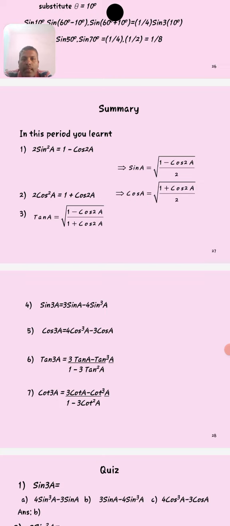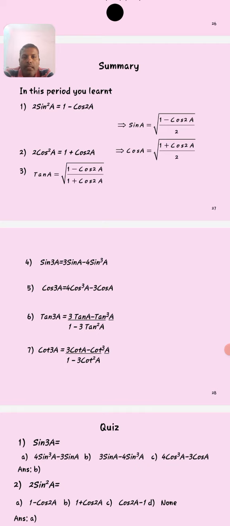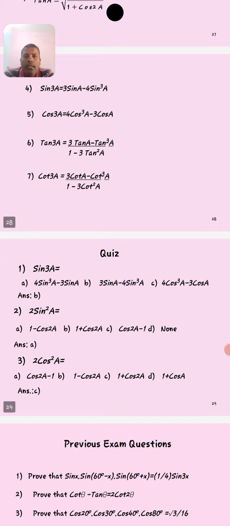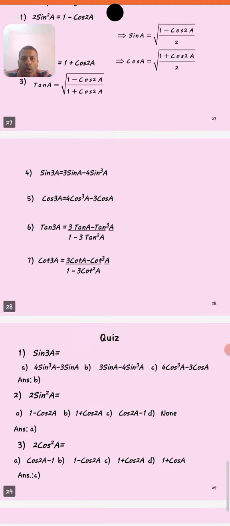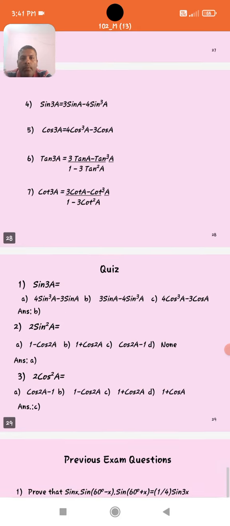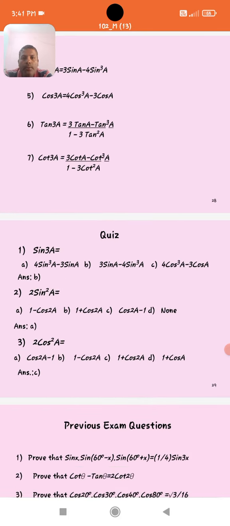Number 4: sin 3a is equal to 3 sin a minus 4 sin cube a, and cos 3a is equal to 4 cos cube a minus 3 cos a. Tan 3a is equal to (3 tan a minus tan cube a) by (1 minus 3 tan square a). Cot 3a is equal to (3 cot a minus cot cube a) divided by (1 minus 3 cot square a). These formulas are very important to solve different types of problems.